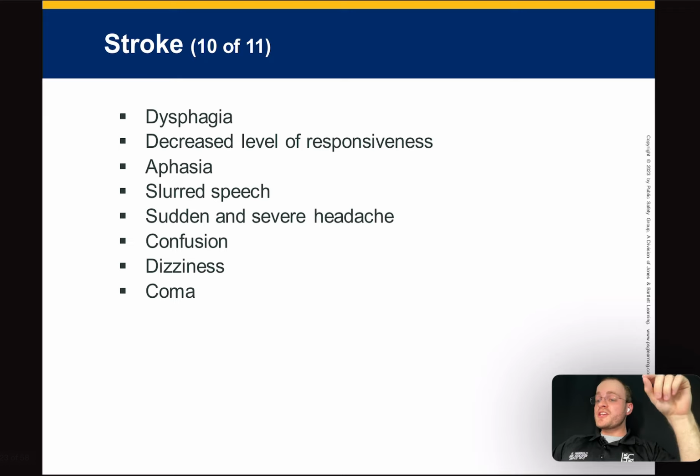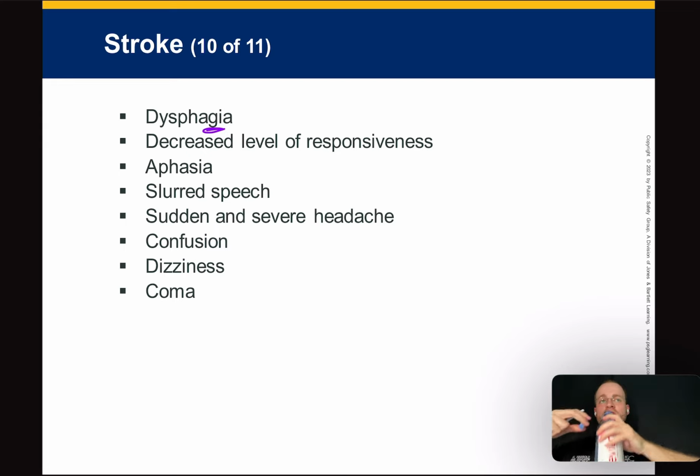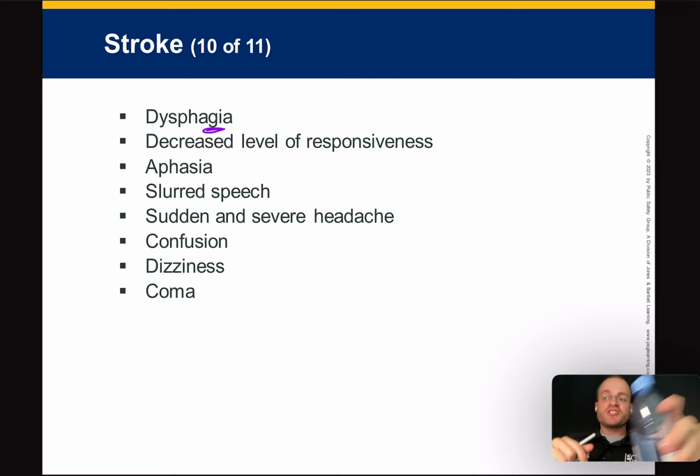Now, dysphagia, you're going to see this on your test, so you need to know this word, means to swallow. And it sounds very similar to this other word called dysarthria, which means slurred speech or messed up speech. So when you see the word dysphagia with a G, I want you to think gulp, right? Like you're swallowing your drink. Dysphagia with a G means to gulp, to swallow.